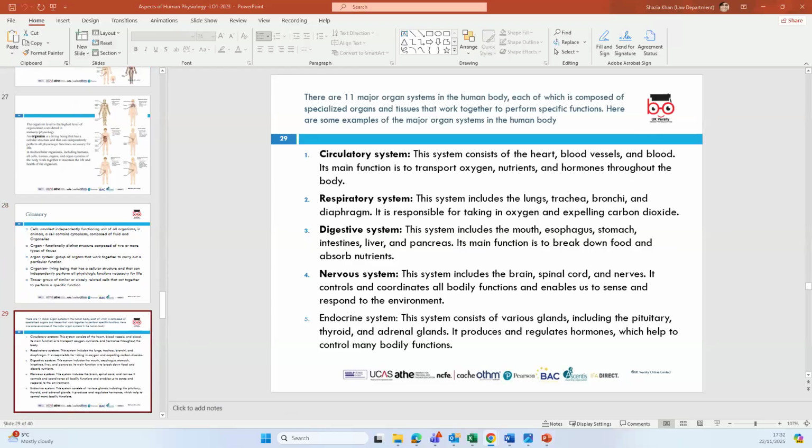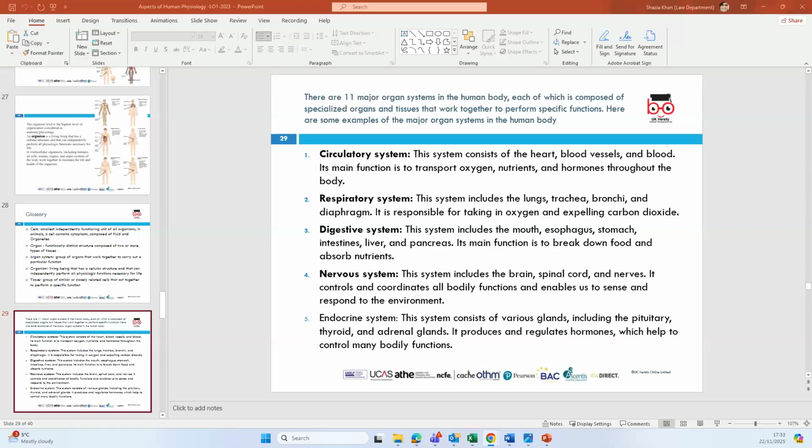To transport blood throughout the body, so that the blood, which carries oxygen, circulates the oxygen throughout the body so that the carbon dioxide can be gotten rid of. Good. Then we have the respiratory system, which facilitates gas exchange, taking in oxygen and releasing carbon dioxide.